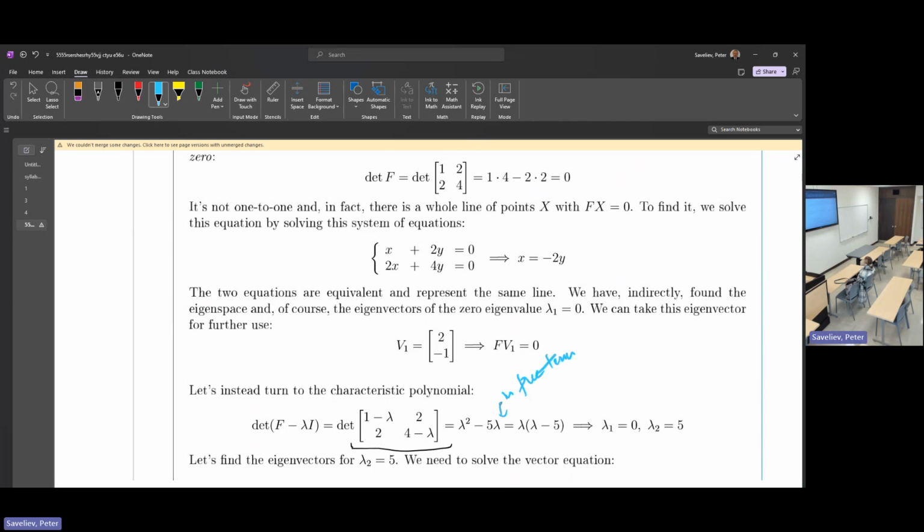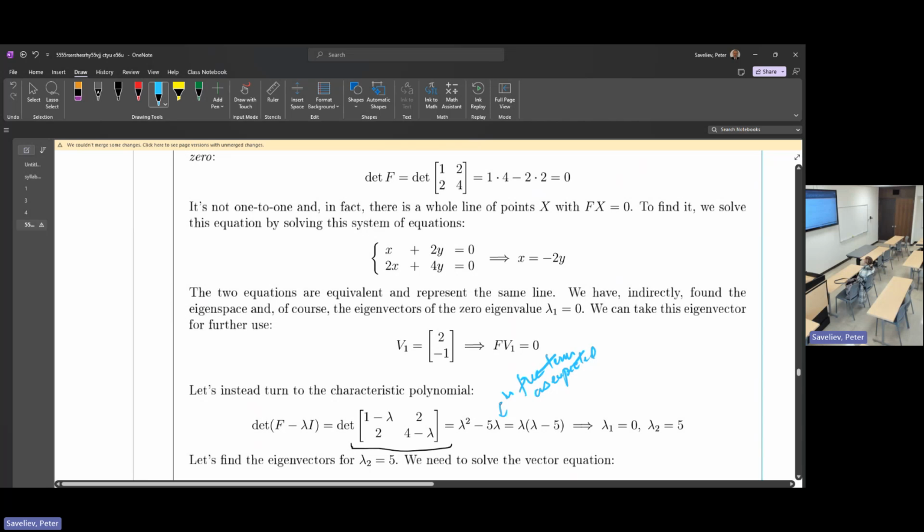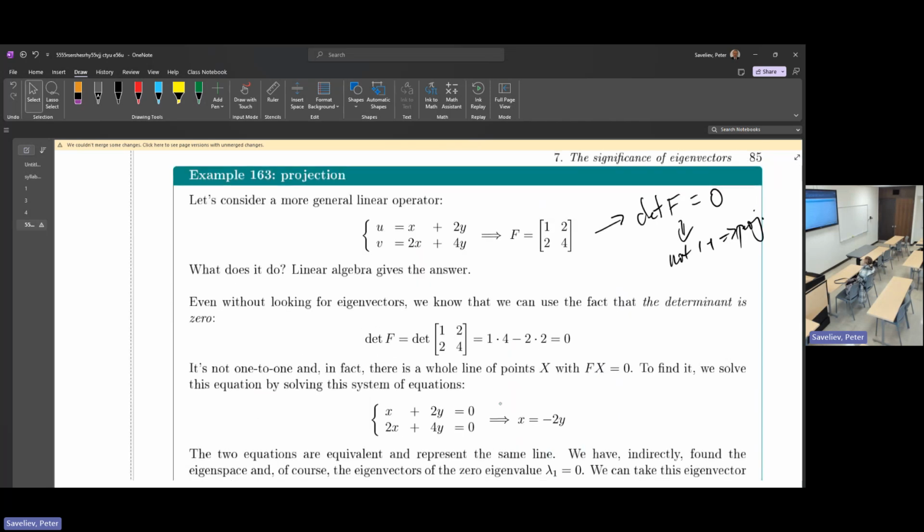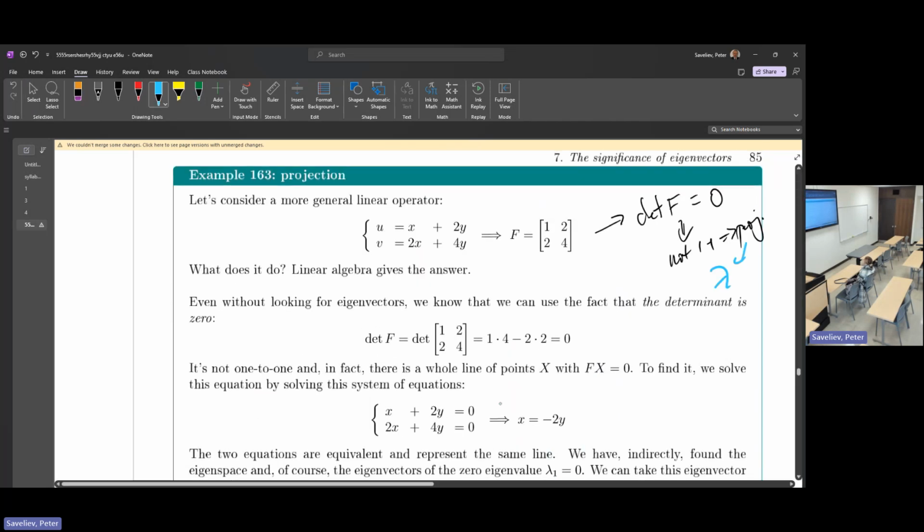Why so? Because, as expected, we already know that when there's a projection there's a lambda equal to 0. So not both of them, but one of them is equal to 0.